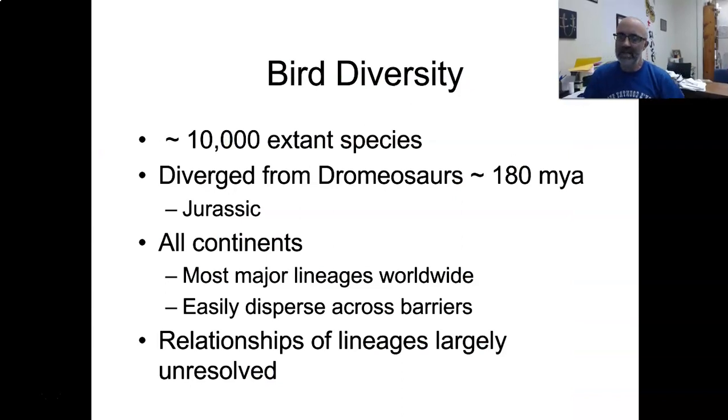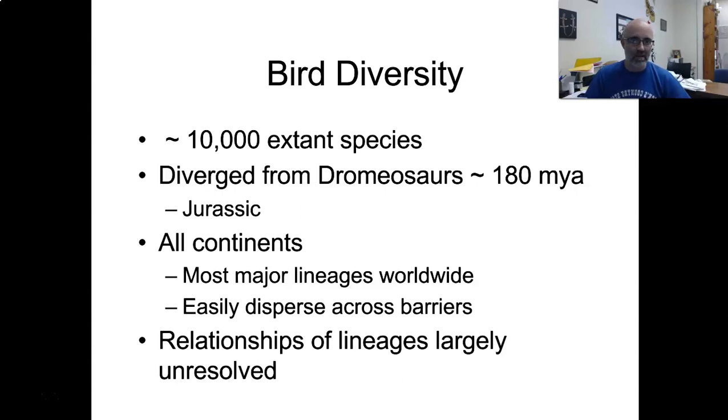There are about 10,000 extant, or living, species of birds. Estimates I've read say there may be twice that number in actuality. Birds have been around since the Jurassic period, so we're alive with many of their contemporary dinosaur kin. Found everywhere, which makes sense because they're very good at dispersing.